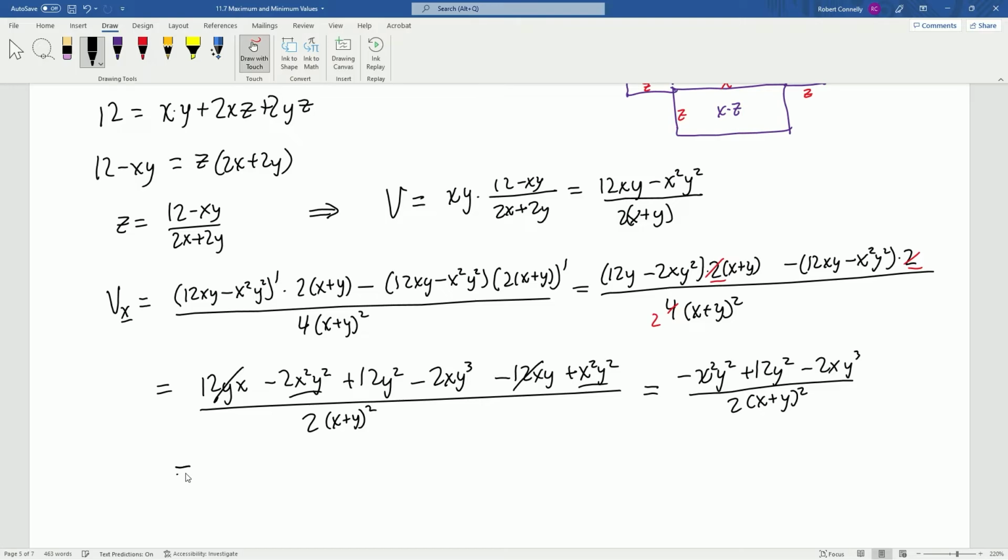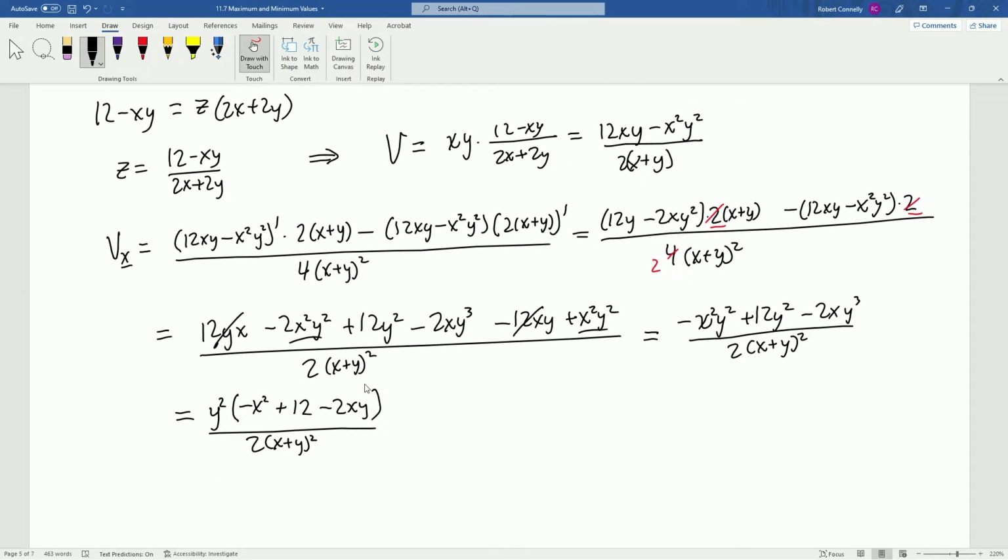And then I'm just going to make one little extra adjustment here. I'm going to factor out a y squared up top. We'll see why that was important here in a bit. Okay, so that's it for the partial derivative with respect to x.